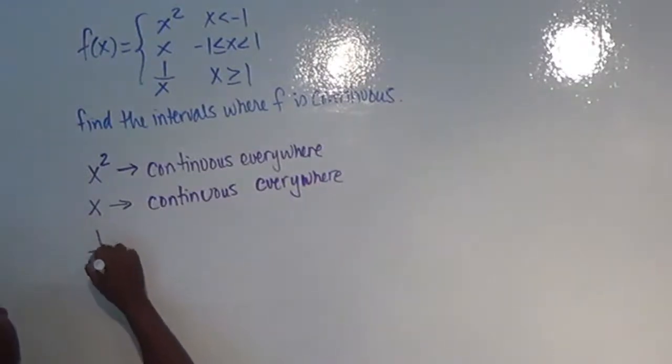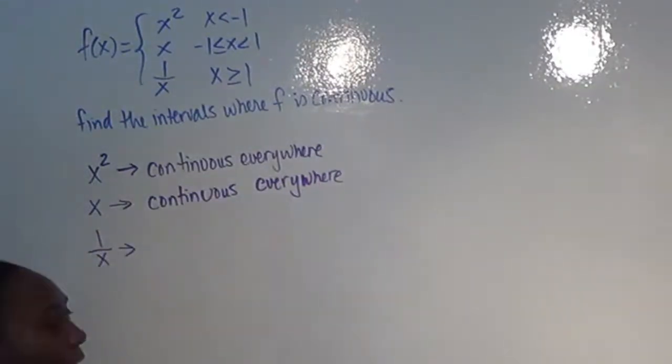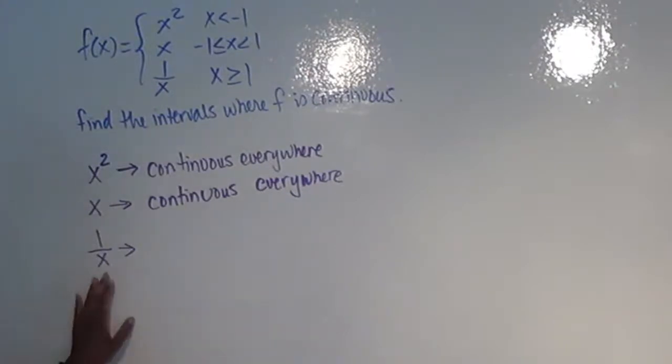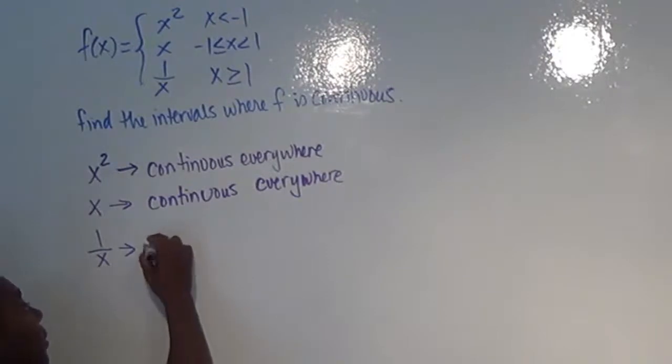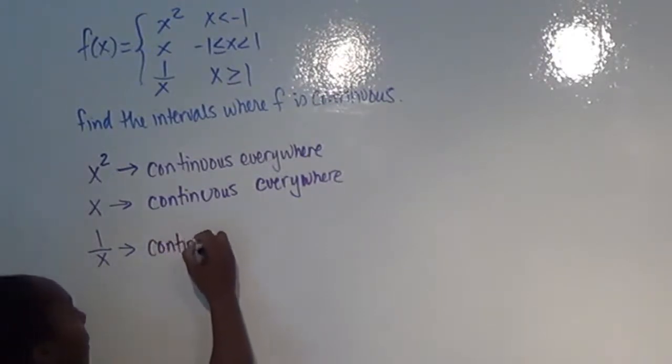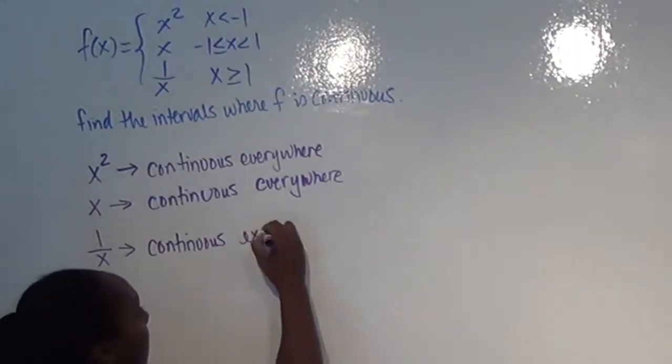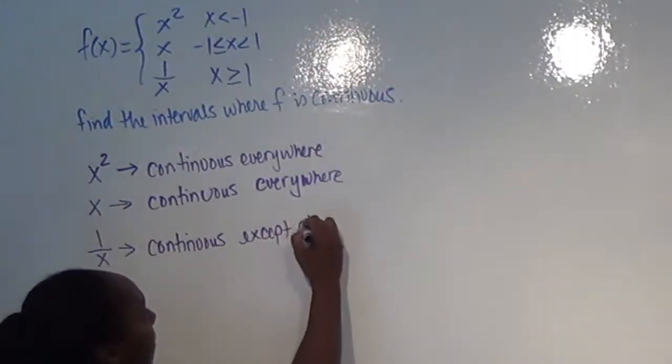And then if we look at 1 over x, well, this is a rational function, so we have to take into account the denominator. Here, we can see that x equals 0 is not going to be continuous, so it's continuous except at x equals 0.